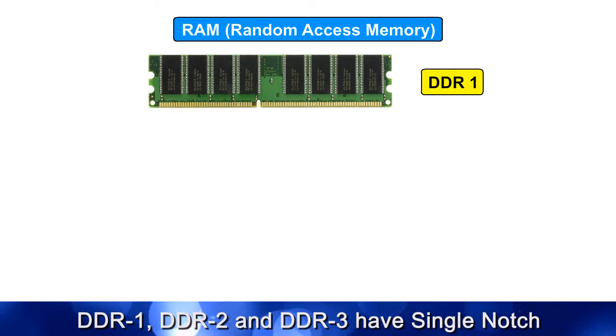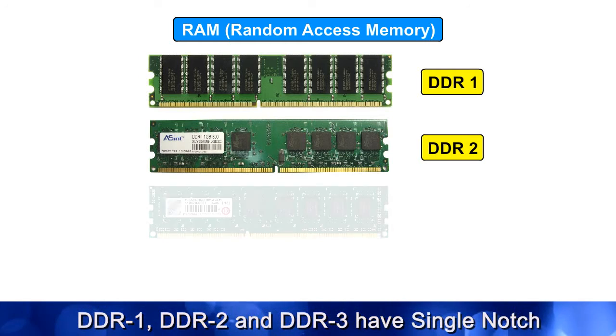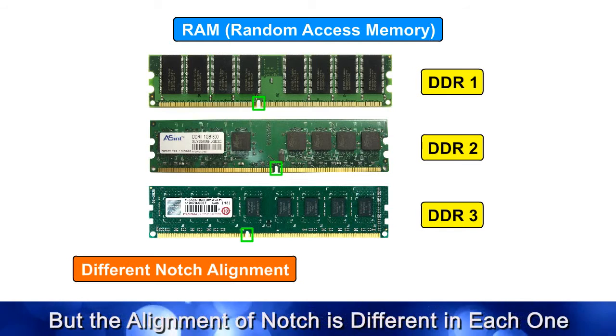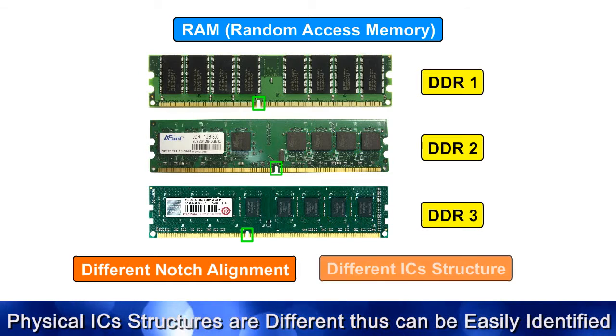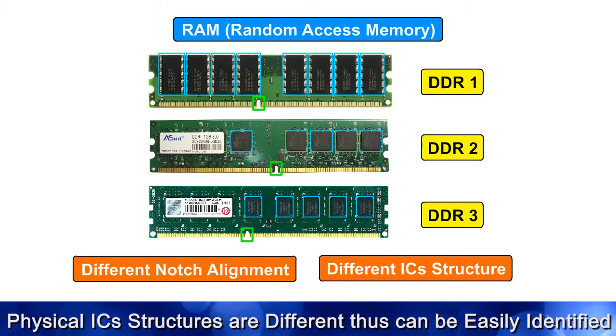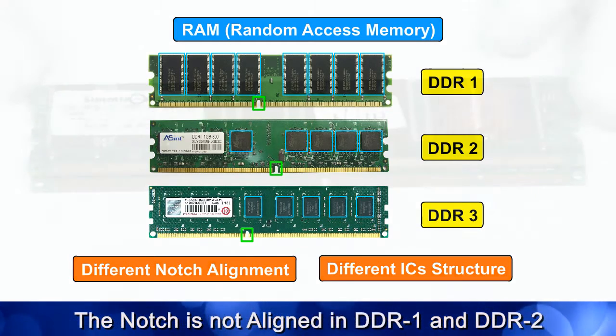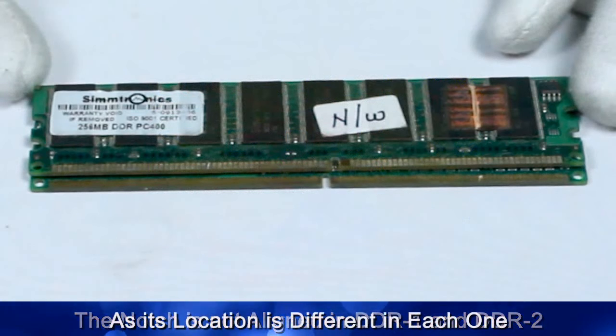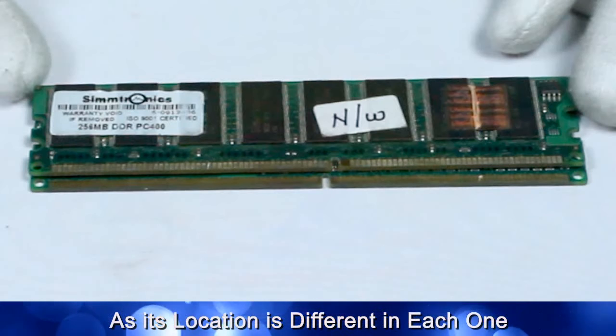Though DDR1, DDR2 and DDR3 have single notch, the alignment of notch is different in each one and also physical ICs structures are different, thus can be easily identified. Now you can see the notch is not aligned in DDR1 and DDR2 as its location is different in each one.